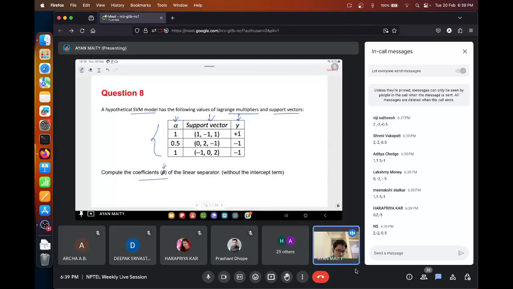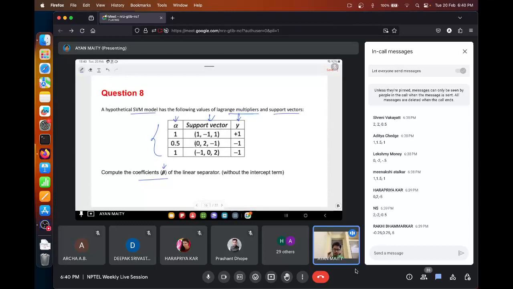NS is saying 2, minus 2, minus 0.5. Rakhi says minus 0.25, 0.25, 5. In the chat all the answers are different.